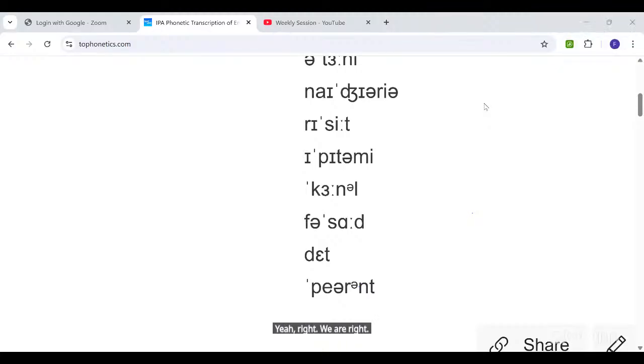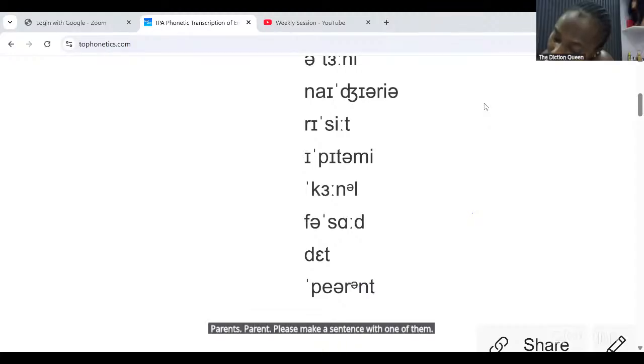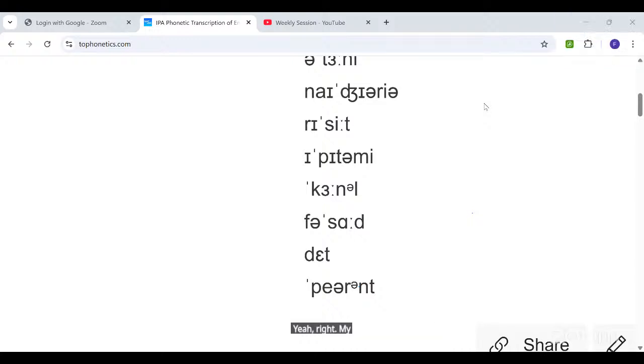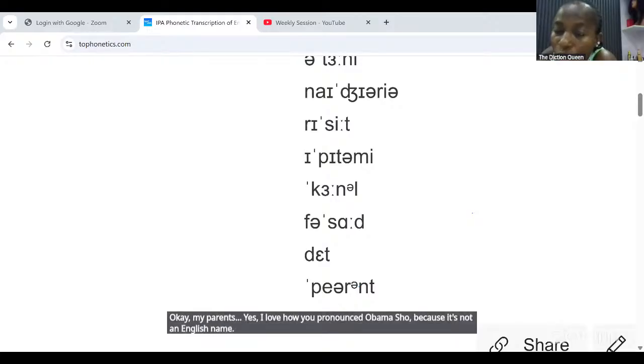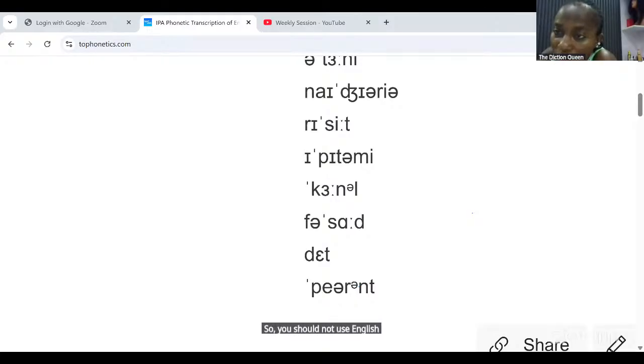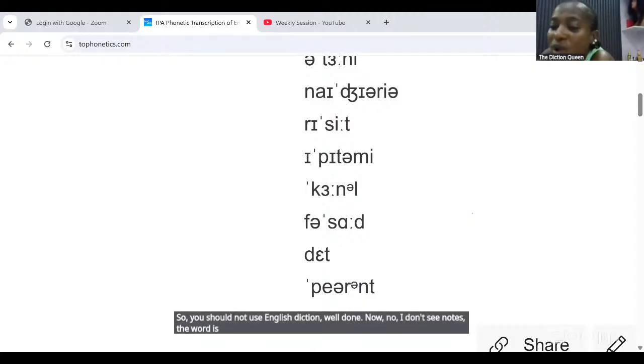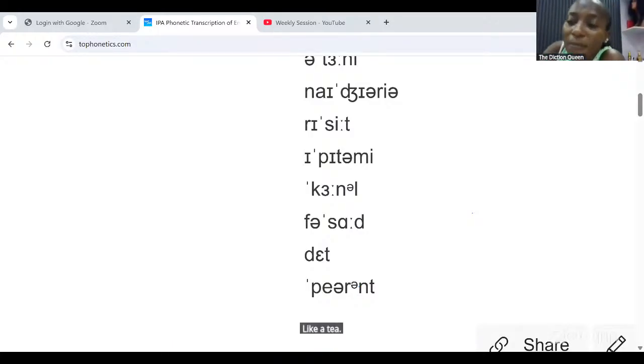Please make a sentence with one of them. My parents are in Ogbomoso. I love how you pronounced Ogbomosho because it's not an English name, so you should not use English diction. Well done. Now, Oluwadunsin, note the word is wealthy, with a T sound. My parents are wealthy.